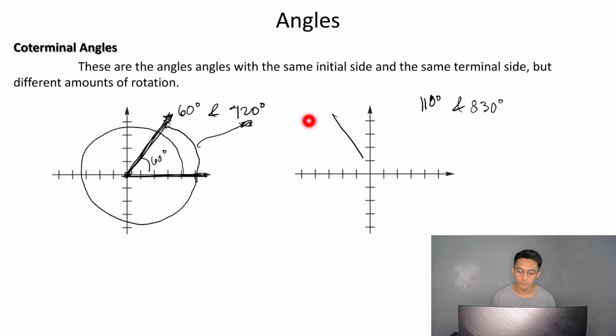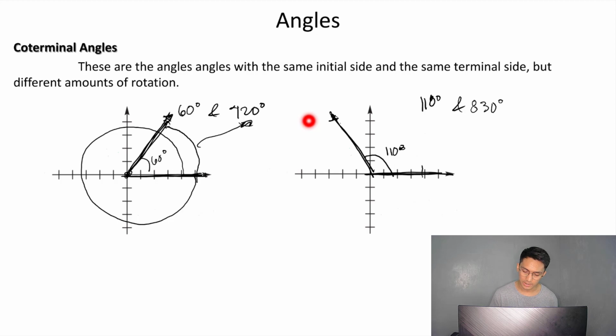Nasa quadrant 2. Ayan. This is the initial side and this is the terminal side. This is the 110 degrees. Now, kung i-rotate natin ang 830 degrees natin, mag-start pa rin tayo sa initial side kasi same initial side nga siya.